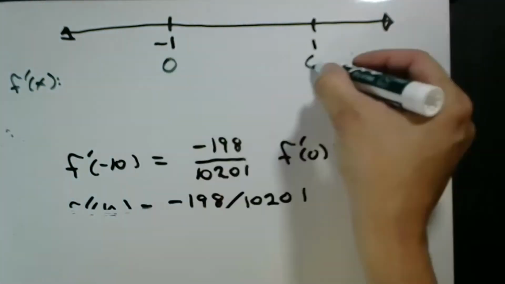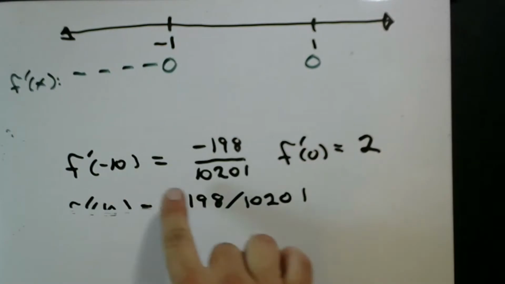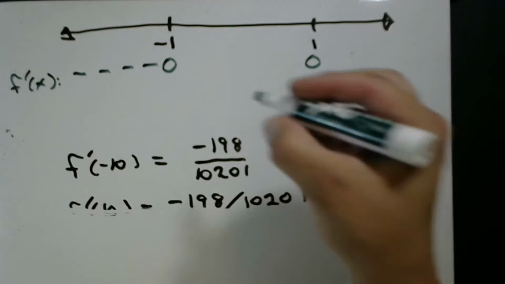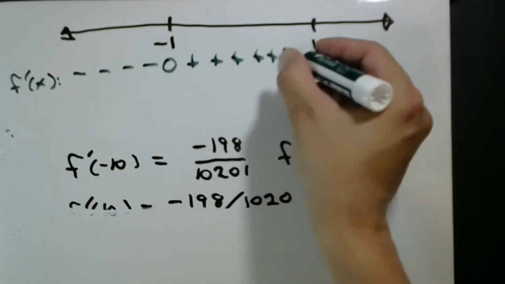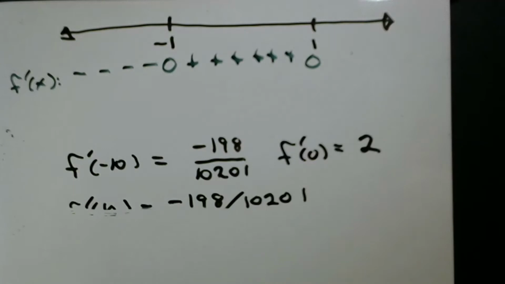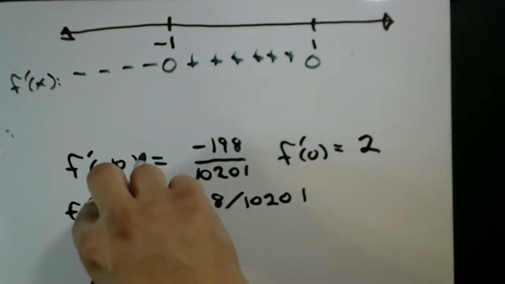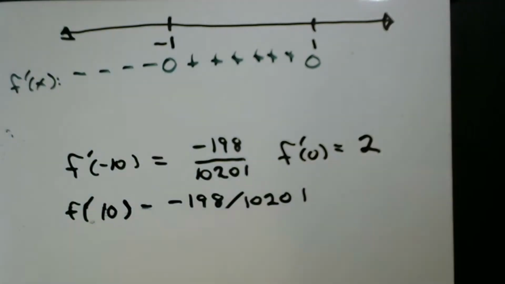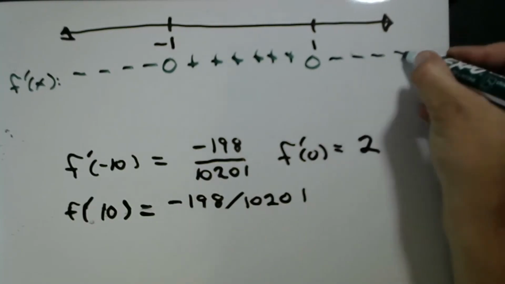We had 0 and 0. This is negative because f prime of negative 10 was negative. This is positive because f prime of 0 was positive. And this one here, f prime of 10, that was negative. So this is all going to be negative.